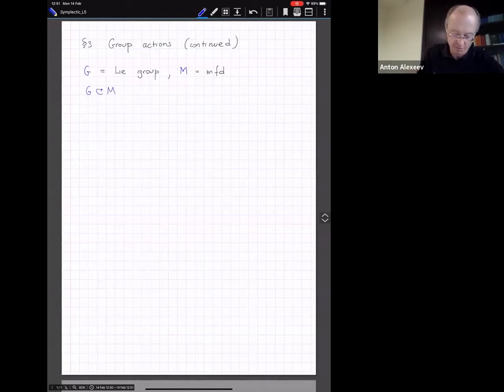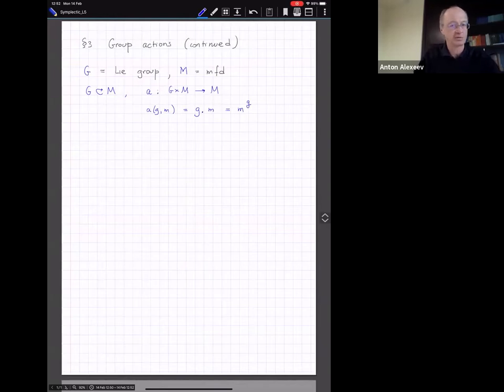So G acts on M, and this means that there is a map from G cross M to M. Here there are many possible notations. To be honest, I rarely use this complete notation, A of G, M. Often I'm writing G dot M, or sometimes when it is more suitable, M to the power G. So this is all the same.